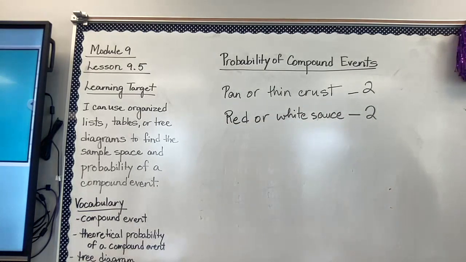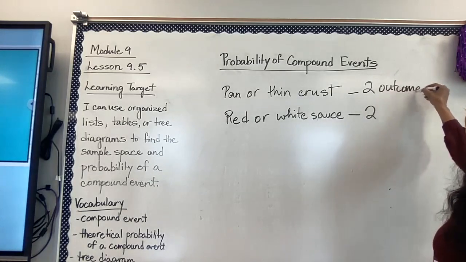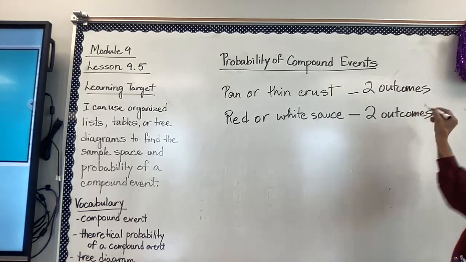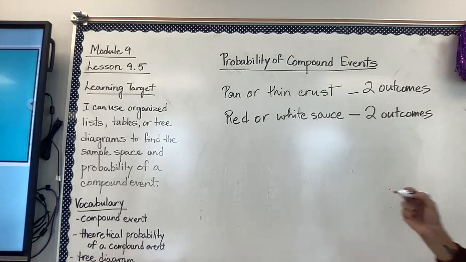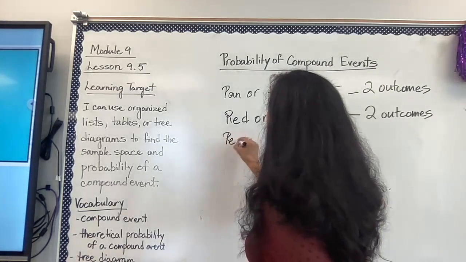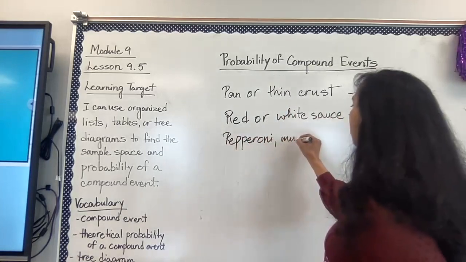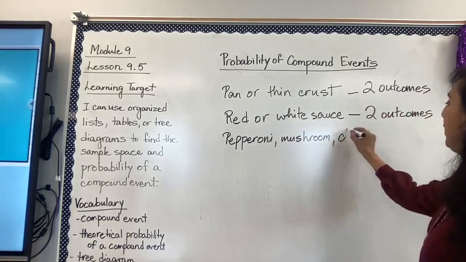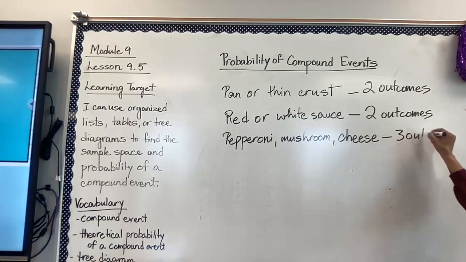Okay, so we have 2 outcomes here because that's what we're doing first. 2 outcomes here. And then we have the toppings, which would be pepperoni, mushroom, or plain cheese. So that is 3 different outcomes here.